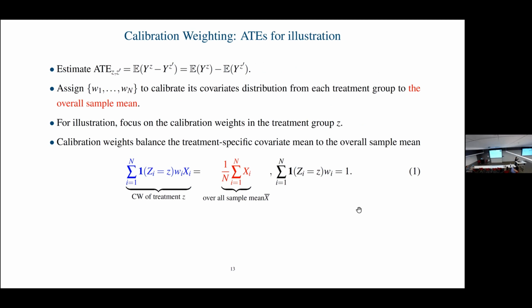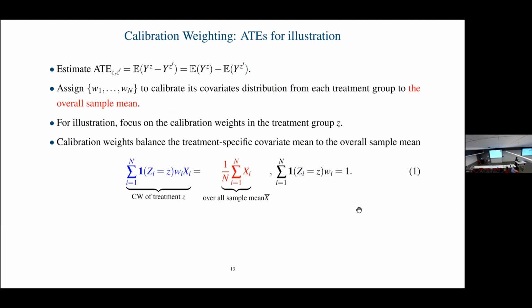For illustration, let's look at treatment group Z, and we assign a weight to each unit in group Z. The constraint means that after calibration weighting, the weighted mean of X from treatment group Z is the same as the overall sample mean X bar. We can do this for each group, and therefore each group will have covariate balance. Here X can be the first moment of the covariate, or the second-order or higher-order moments.